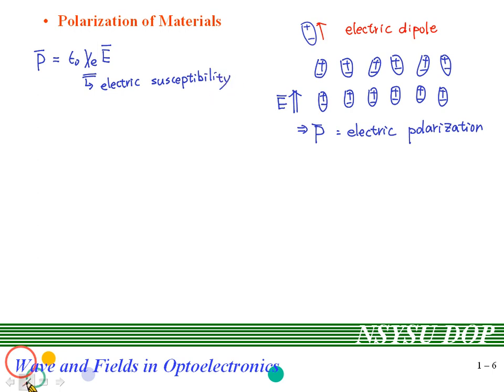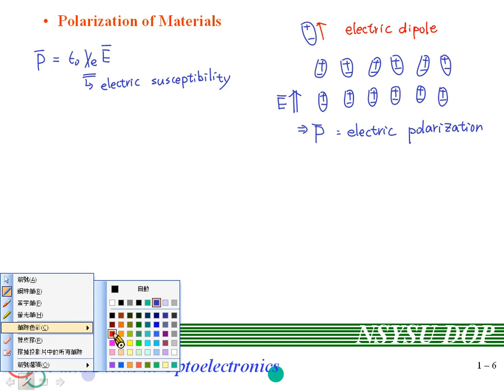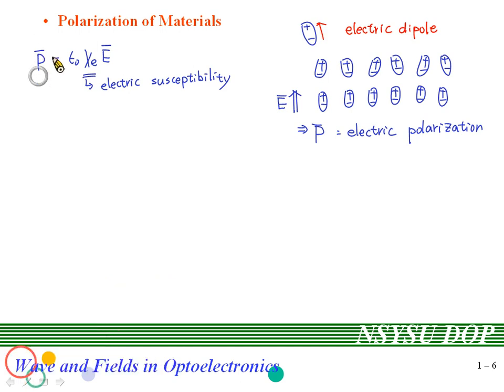And I believe that you have learned that if you know the P vector, then the D field can be written as epsilon 0 E plus P.